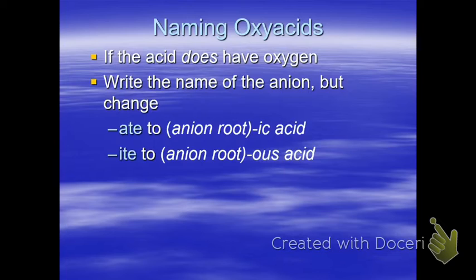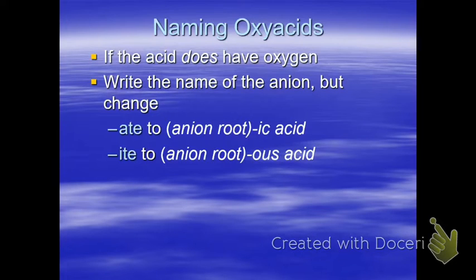This is when it's really important to remember the name of that polyatomic ion. Oxy acids are hydrogen joined to one of our polyatomics, like, let's say chlorate. Hydrogen and the polyatomic chlorate are joined together.